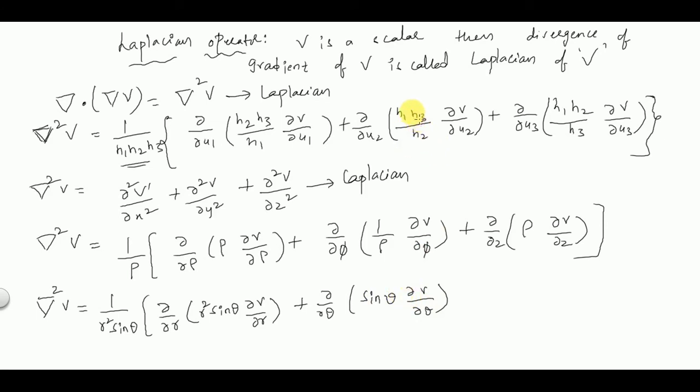Here r is there and here r sine theta is there, so r gets cancelled and you get sine theta dou V by dou theta, plus dou by dou phi of 1 by sine theta into dou V by dou phi.